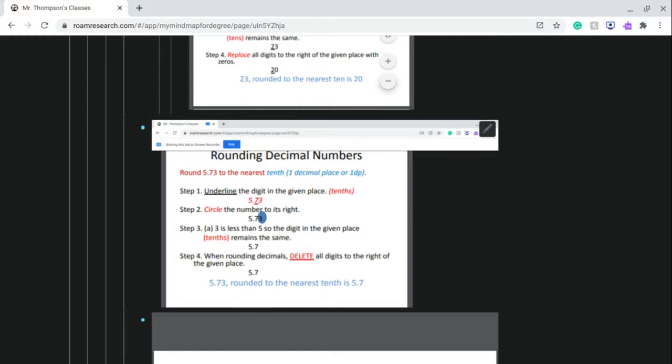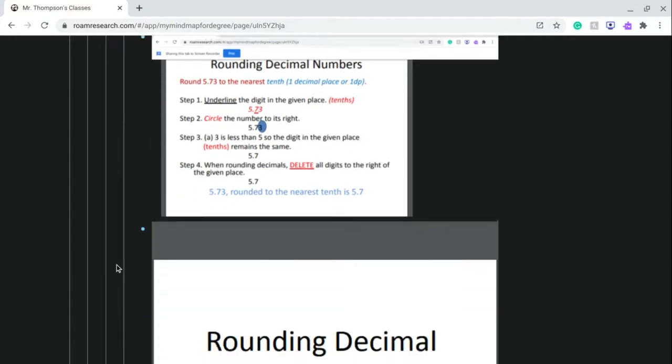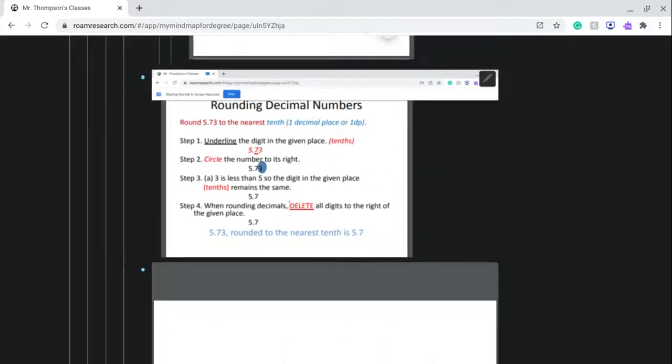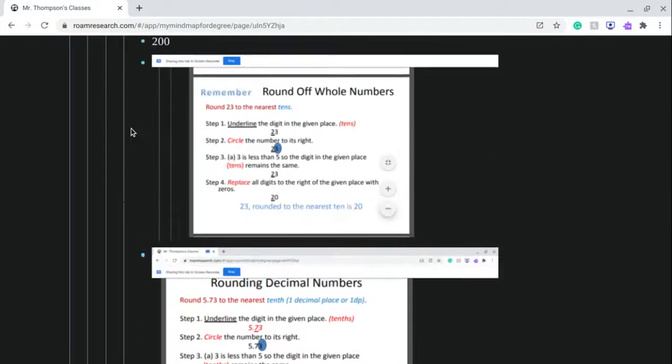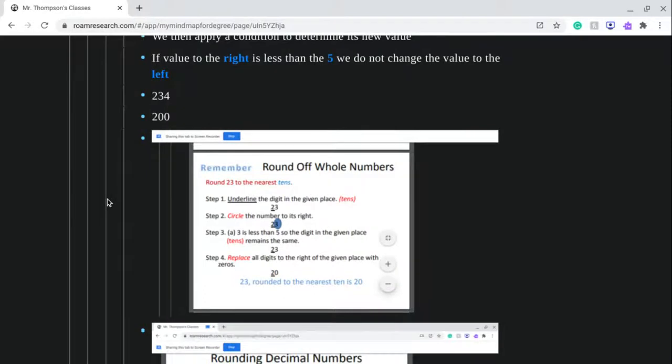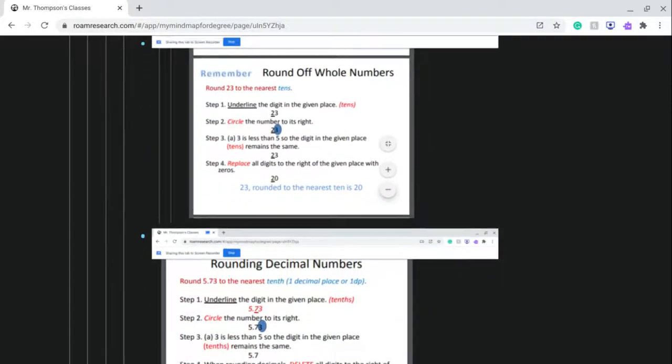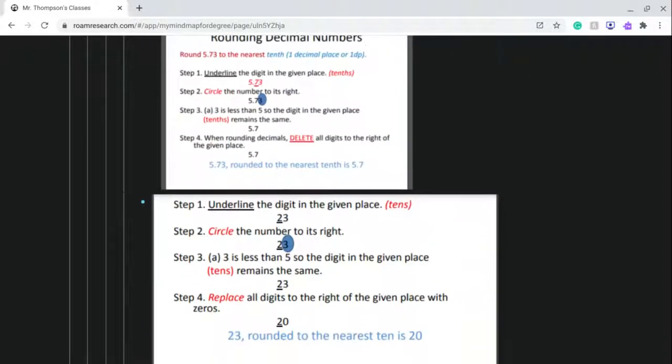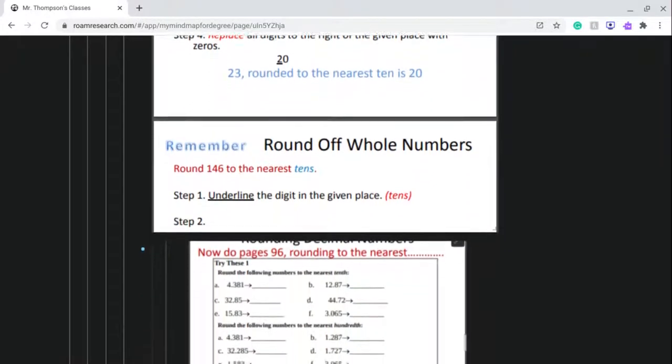So the 3 gets dropped, and we don't keep the 0 because 5.70 is redundant. You can just say 5.7, right? Then we learned how to round to the hundredths place, right? And also the tenths place, okay? While also you being assigned a task for you to attempt your own individual rounding of numbers, okay?